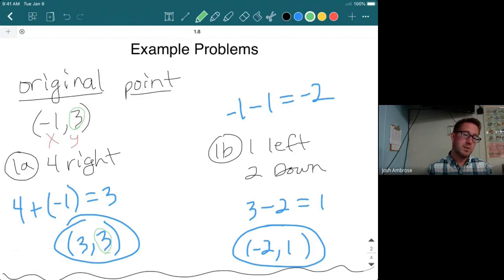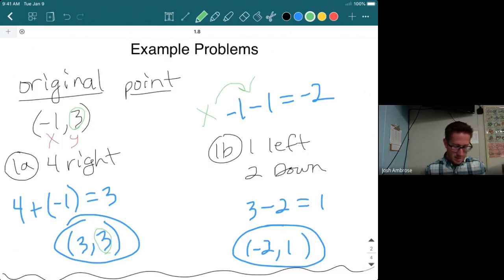Okay, 1b. This is a double translation. We have a 1 to the left, which would mean subtract 1 from x. And then we have a 2 down, which means subtract 2 from y. Okay, so the x situation is right here.